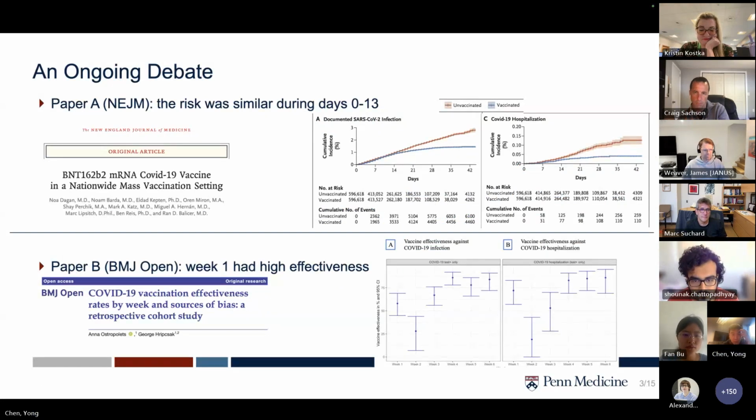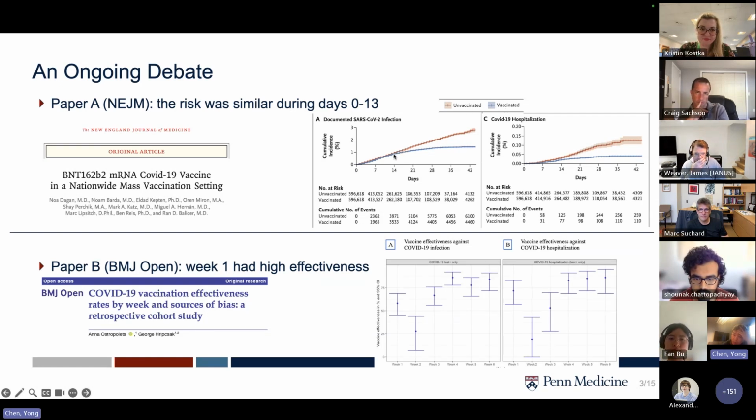The first paper was published at the New England Journal of Medicine, and Miguel Hernan, who coined the term targeted trial emulation, was one of the co-authors. As you can see, if you plot the cumulative incidence after the vaccination, within 14 days, we have two groups, vaccine group and unvaccinated group.